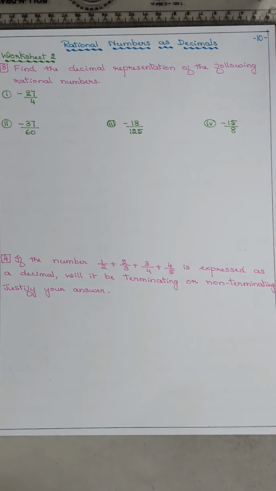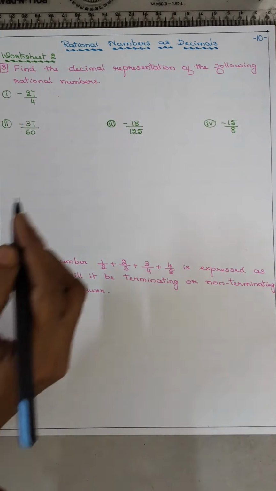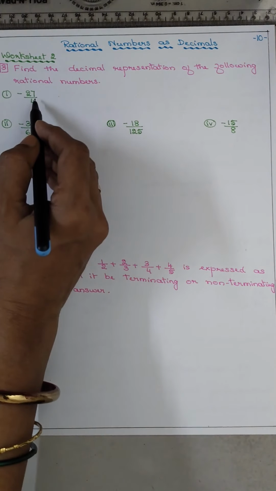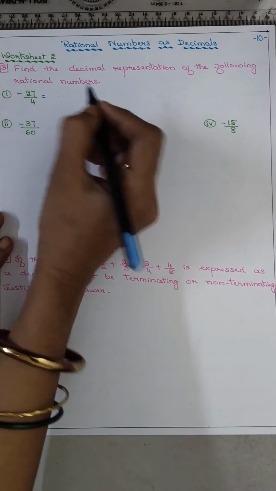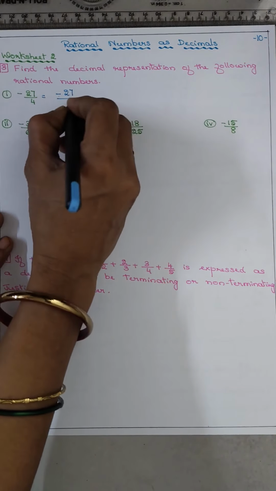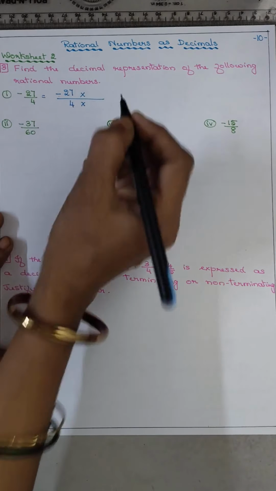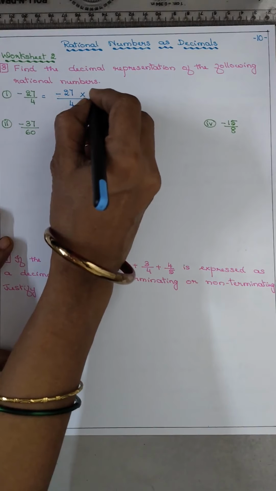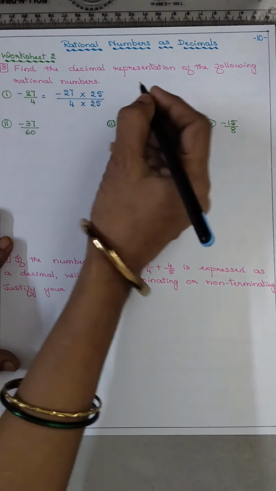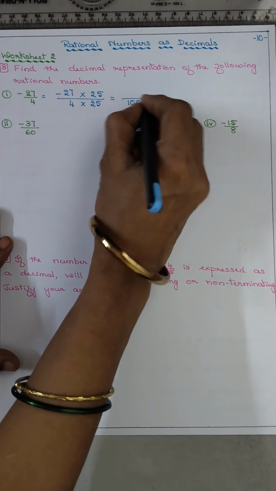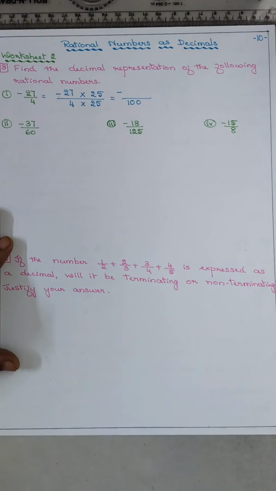So it is minus 27 by 4. Multiplied by, remember the first worksheet, multiplied by 25. 25 fours are 100, numerator minus.